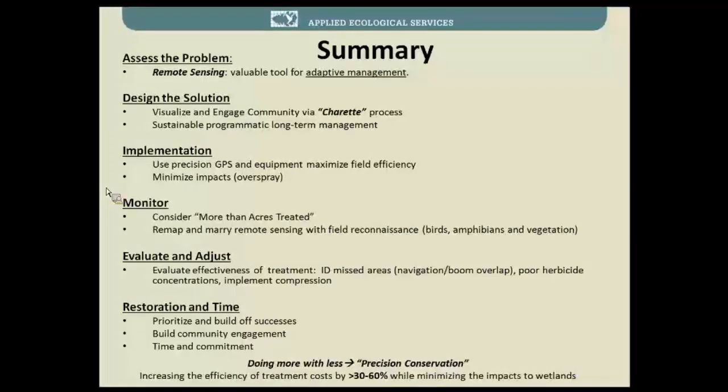And we need to really hone in on how to evaluate and adaptively adjust treatments, not just to address the areas that are missed because of the sprayer boom not overlapping an area. But we've also learned that we may be imparting herbicide resistance in some colonies where herbicide concentrations weren't precisely doled out or prescribed, and the plants haven't been treated effectively.